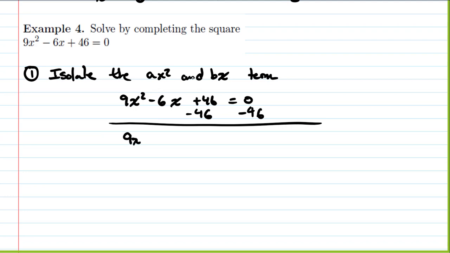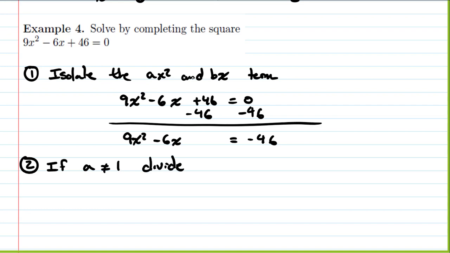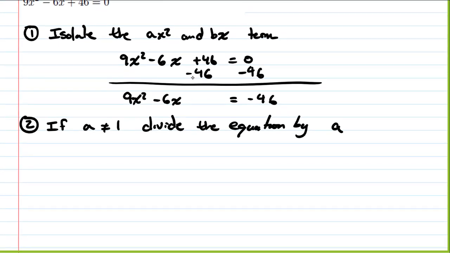And that gives us 9x squared minus 6x is equal to negative 46. Step 2 is if a does not equal 1, divide the equation by a. This has the effect of what we saw above to turn it into having only one red square.